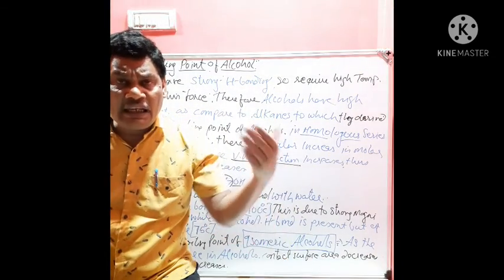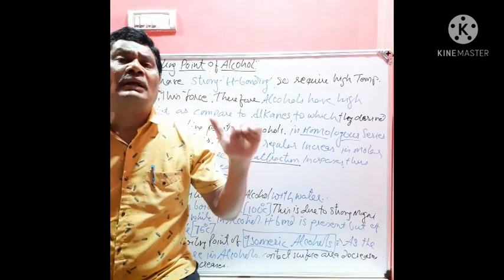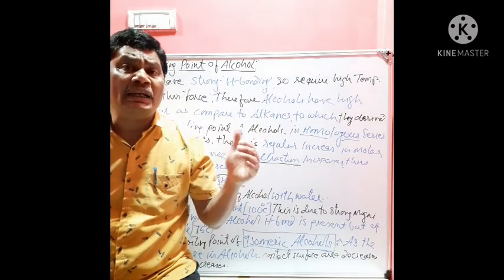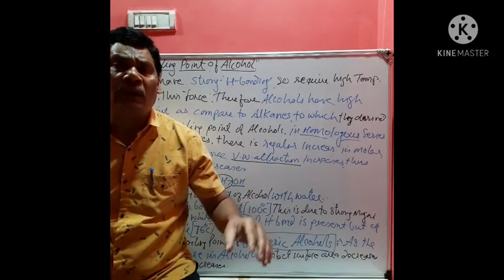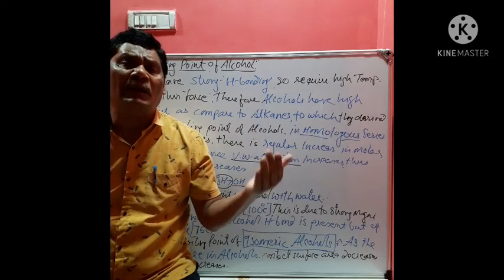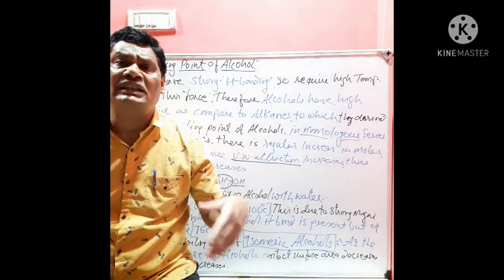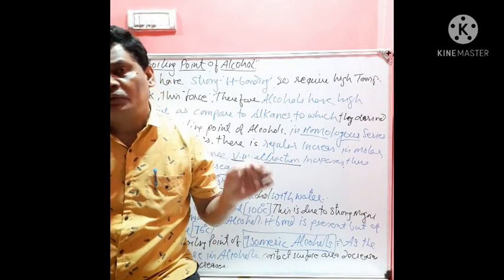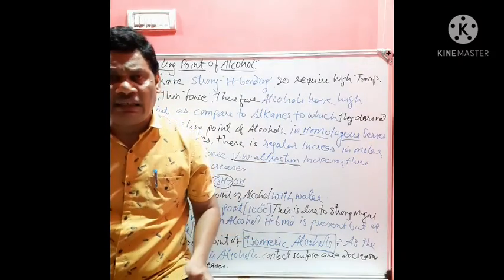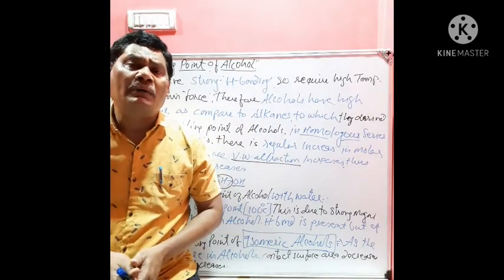Therefore, the increased molecular mass and the increased molecular size will increase the van der Waals attraction force. Therefore, the boiling point of C4H9Cl will be higher as compared to CH3OH. So I think now you understand the discussion of boiling point. Okay.